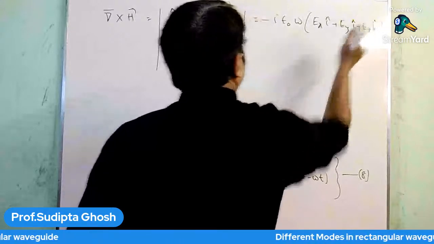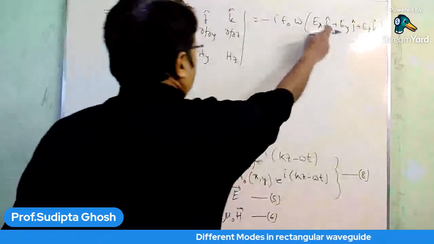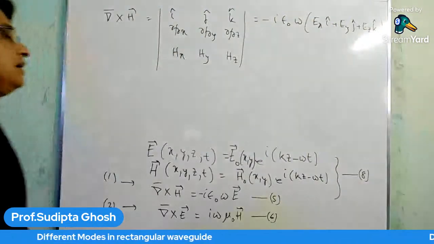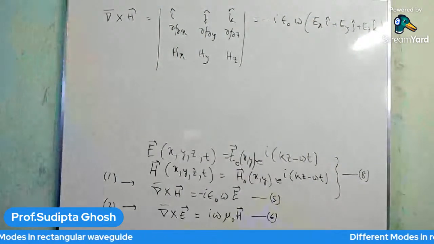Don't be confused with these two i's. This is the complex number and this is the unit vector along the x-axis, right?